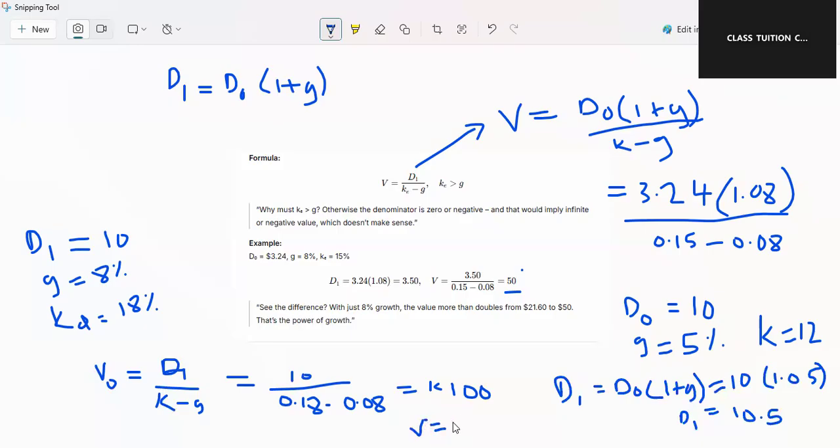10.5 over our K, which is what? 12%, 0.12. And our G is what? 5%, 0.05. So that's 7%. So 10.5 over 0.07, what do we get?